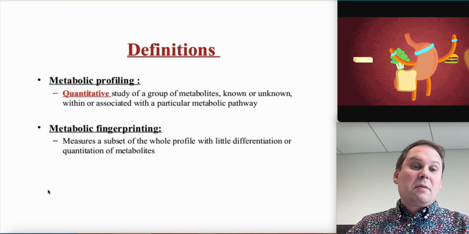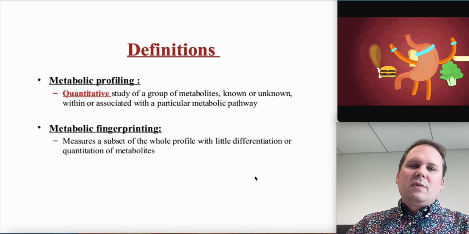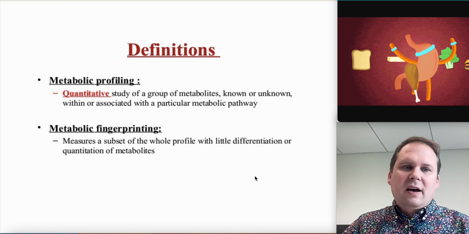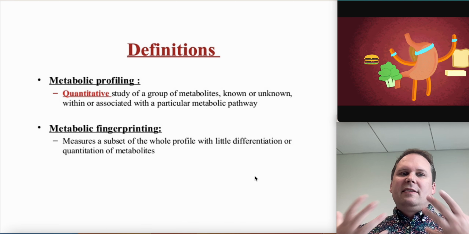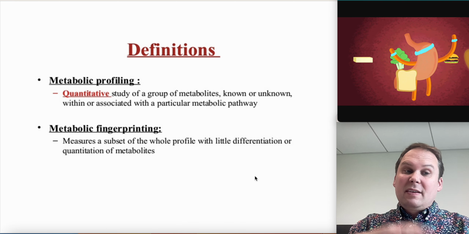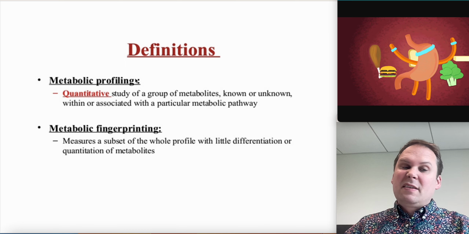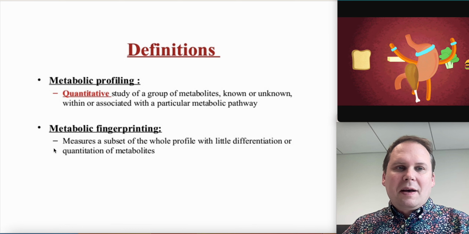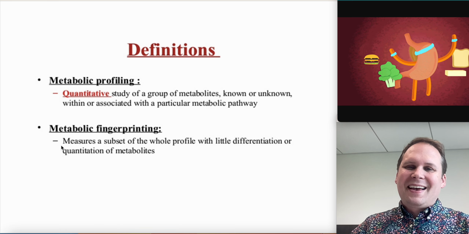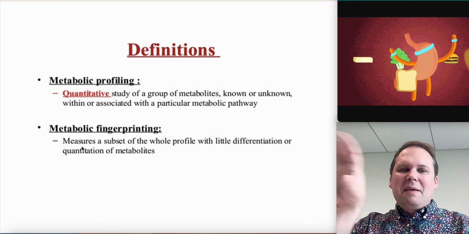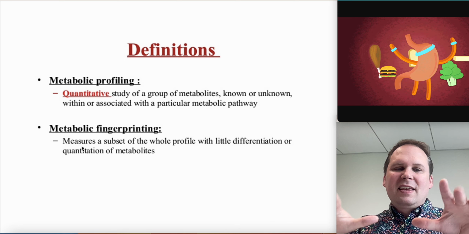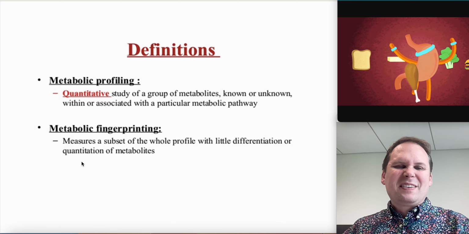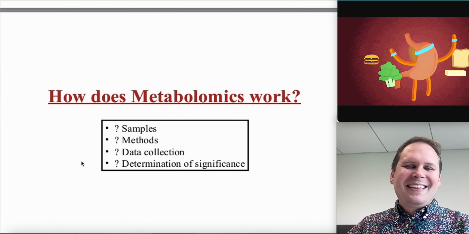Fingerprinting can tell you whether you have a virus infection, whether you have cancer going on. You'll generally have different metabolites made, or potentially different amounts of metabolites made. So these two are pretty much linked, and good studies can actually do a decent job on both of them, which is very nice. But in general, you're going to be aiming for more diversity or more quantitation, I guess, is how we would say that in English.